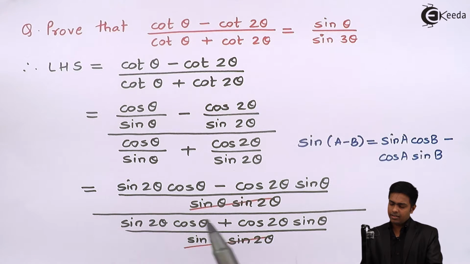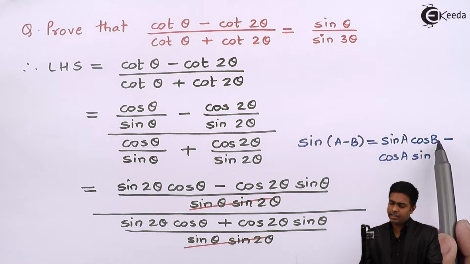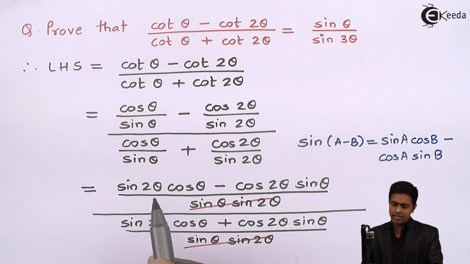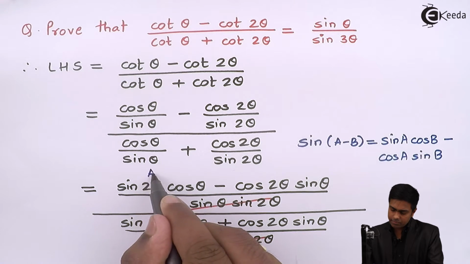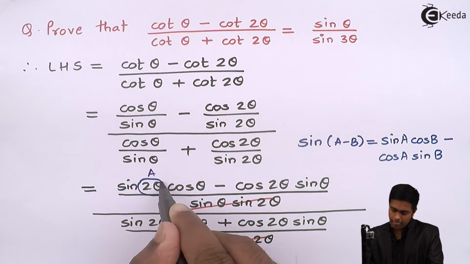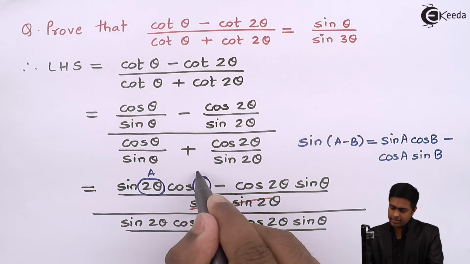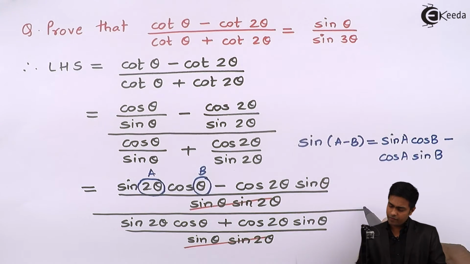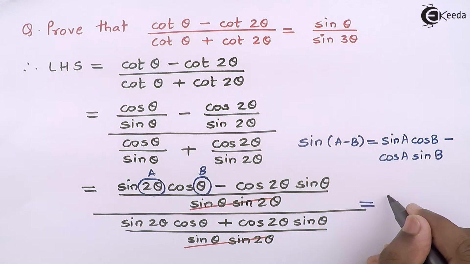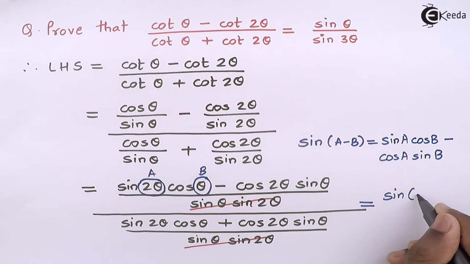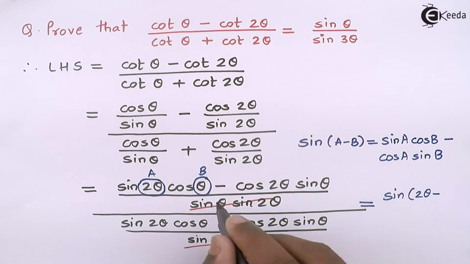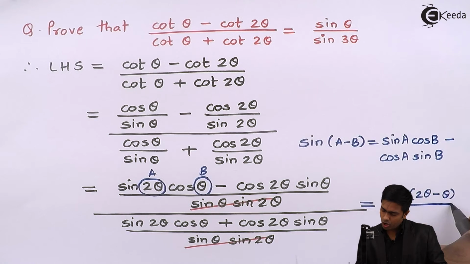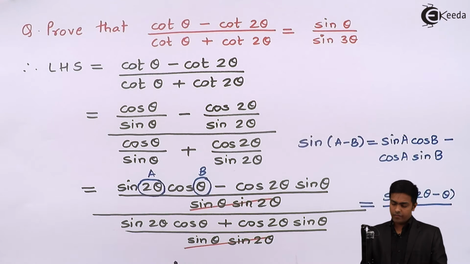So I can say that A is with sine in the first term. So here my A will be 2 theta, because with sine I have 2 theta. So this can become my A, and I can say that this theta is nothing but my B. So by applying this formula, the value here is sine of 2 theta, that is A, minus B, that is theta, upon, now in the denominator we have the same pattern.